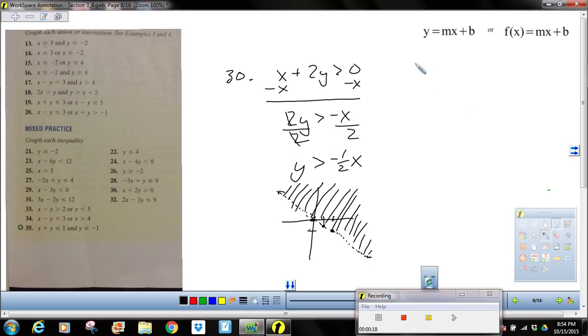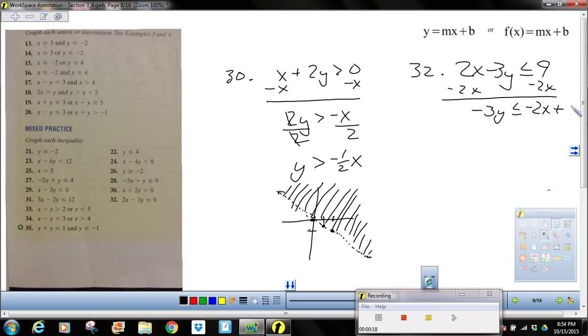Number 32. It's not in slope-intercept form. I have to solve for y. I'm dividing by negative, so I'm going to remember to reverse the symbol, the inequality symbol.